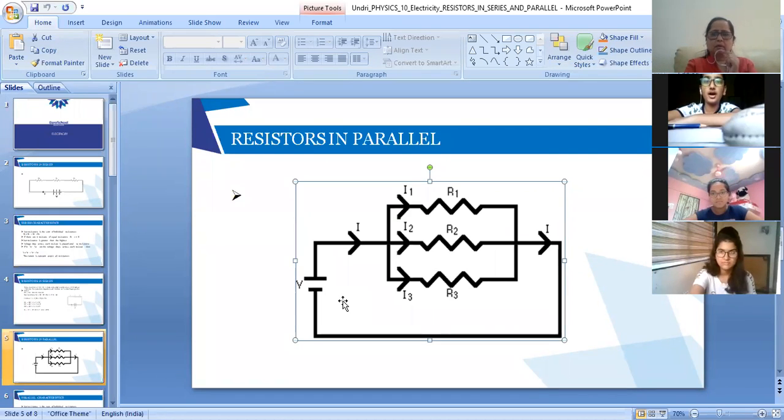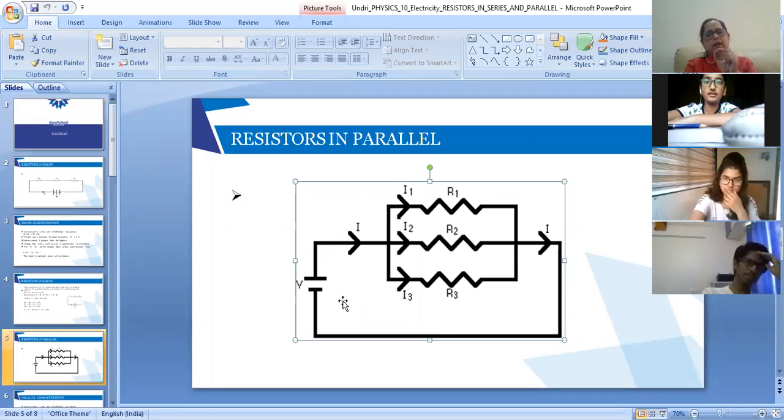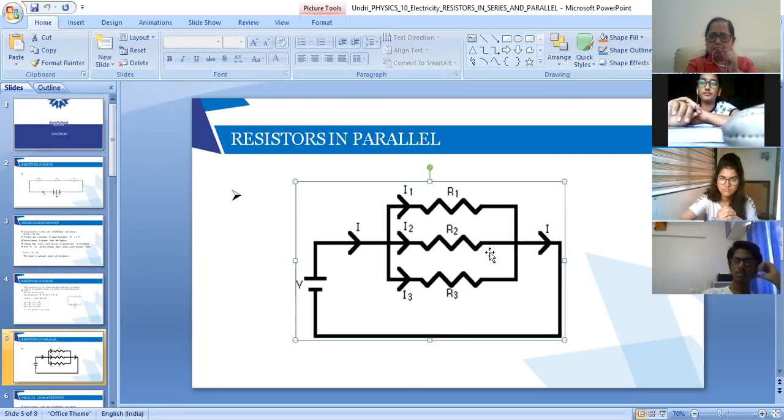We have to add the reciprocal of R1 and R2. Very good. Mariam and Aditya both have given the correct answer. We have to find the net resistance this time of the parallel combination. Because these three resistances are in parallel, I have to find RP.